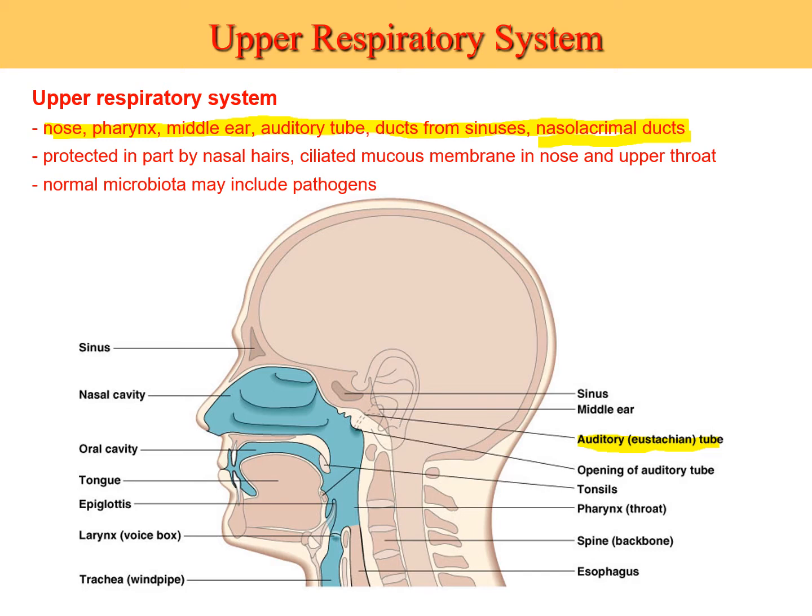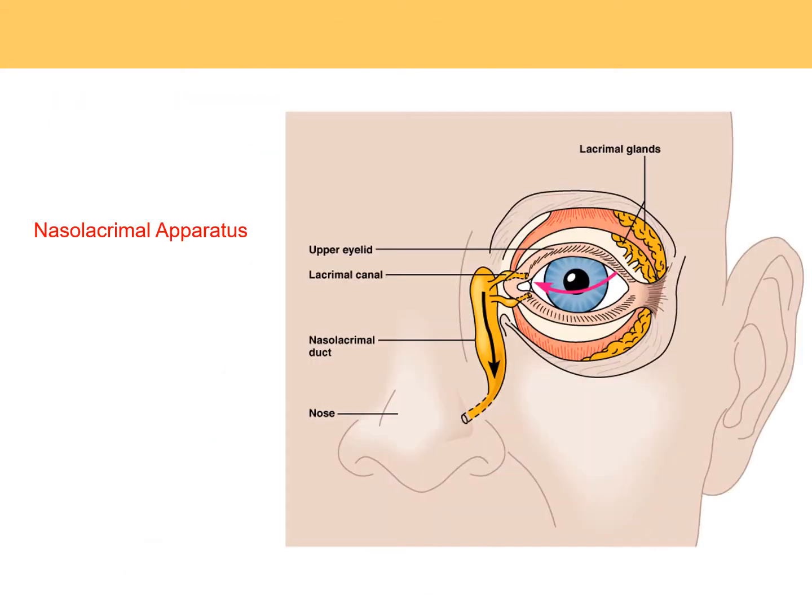It is protected by nasal hairs, ciliated mucosal membranes in the nose and the upper throat, and normal microbiota that sometimes includes pathogens that are not pathogenic in this area of the body, but if they penetrate further or to other areas, they could be pathogenic. But it certainly has plenty of normal microorganisms present. And that's the upper respiratory system.